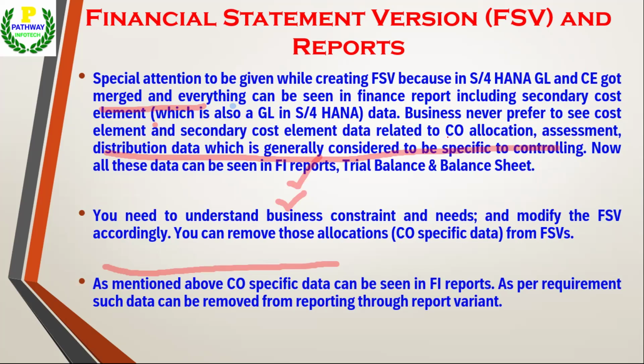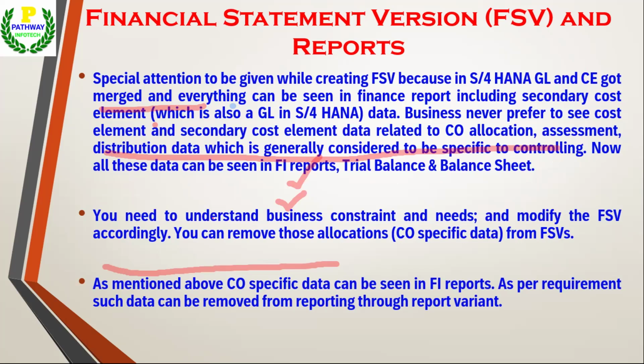You can see here the cost elements and secondary cost elements data related to CO allocation, assignment, and distribution data, which is generally considered specific to controlling. All this data can be seen in the FI reporting, trial balance, and balance sheet, but it should not be considered from your FI reporting point of view.